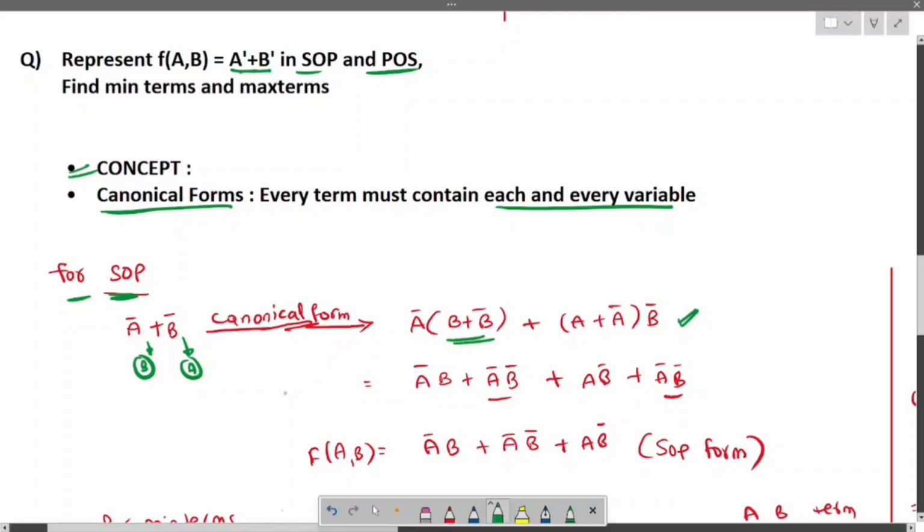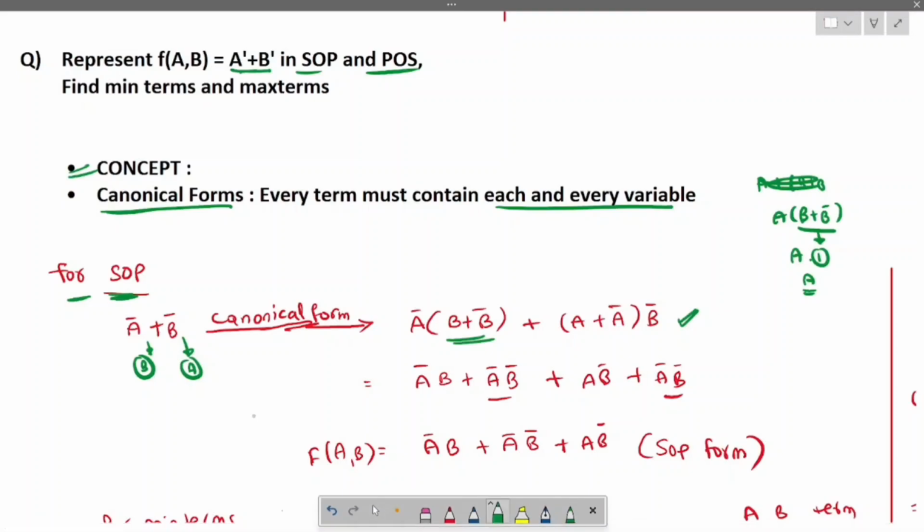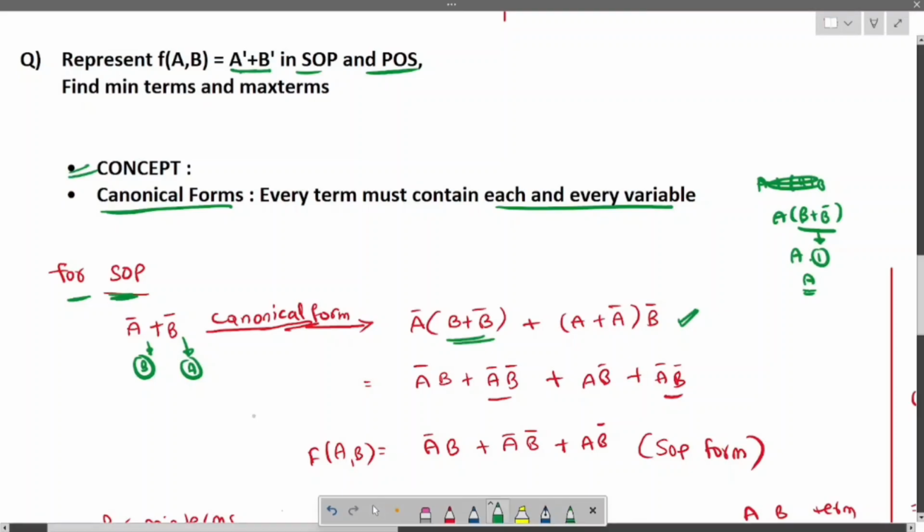If we simplify, a of b plus b bar, b plus b bar is one identity we have, which is 1, and a into 1 is a, so there is no effect. Same way, here we are left with the a term, like a plus a bar into b bar. Be careful with the bars; sometimes you will miss the bars.